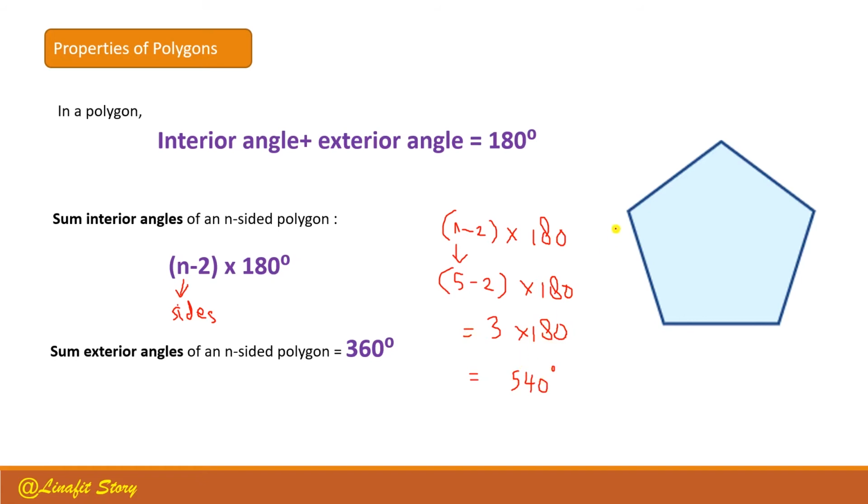So the sum of interior angles is equal to 540 degrees. Each interior angle is equal to 540 divided by 5, which is 108 degrees.